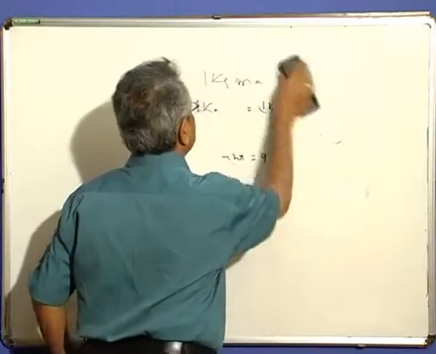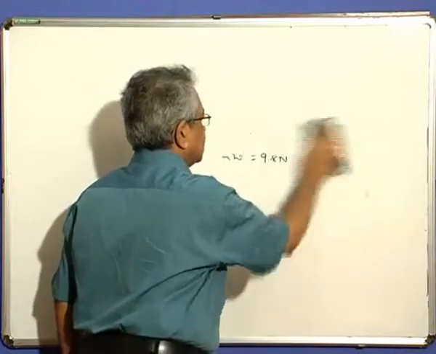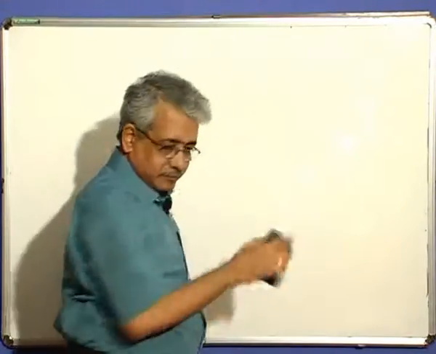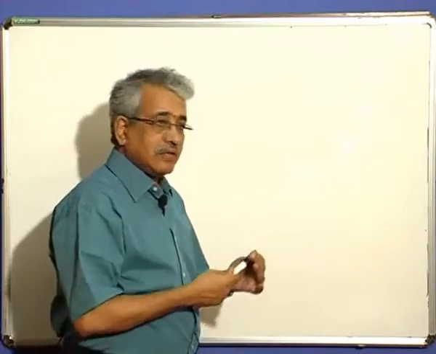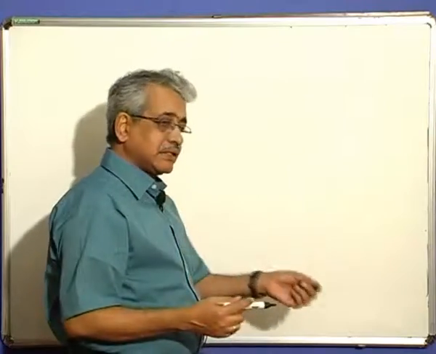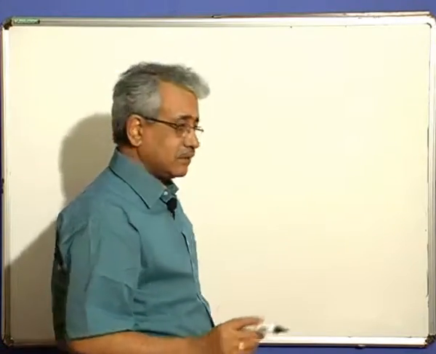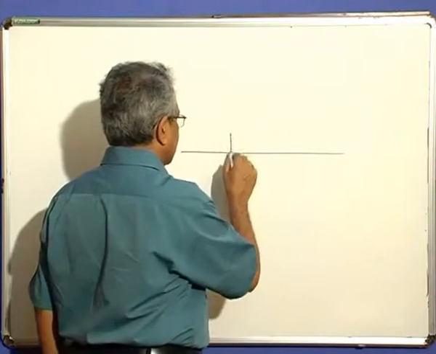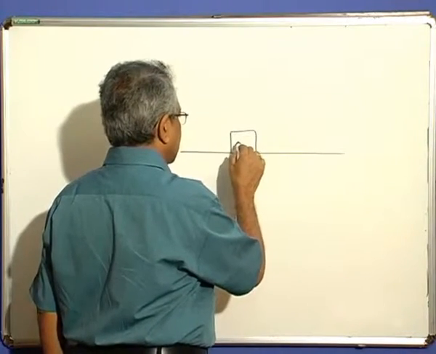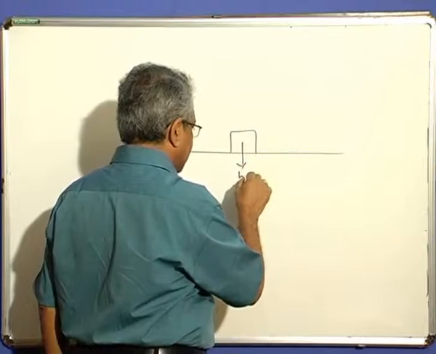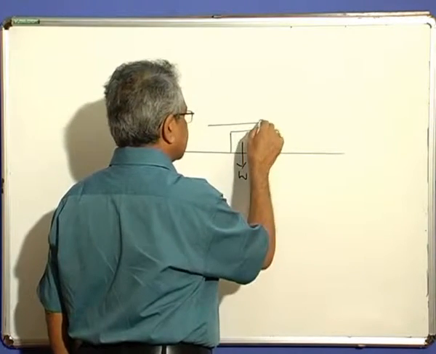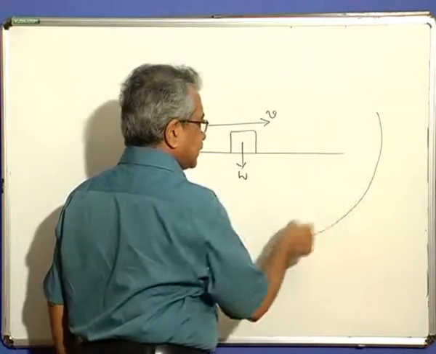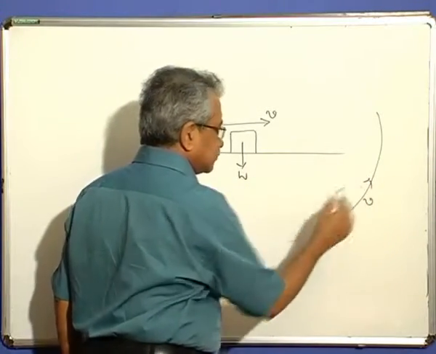Suppose the body is in motion. Like what we said now, even though the weight is not constant, it is constantly present everywhere on the surface of the earth. Suppose there is a body which is moving on a surface like this. The weight of the body is there on the body. The body is not moving in that direction. Suppose it is moving this way with a velocity, or it is taking a turn like this with a velocity.